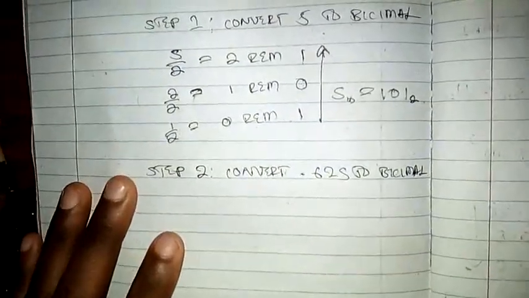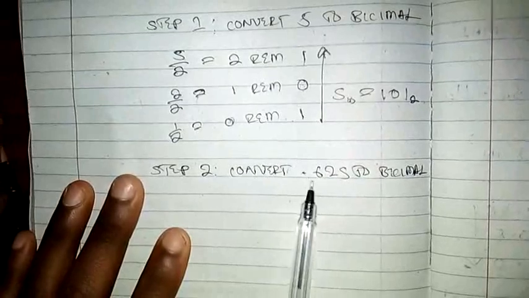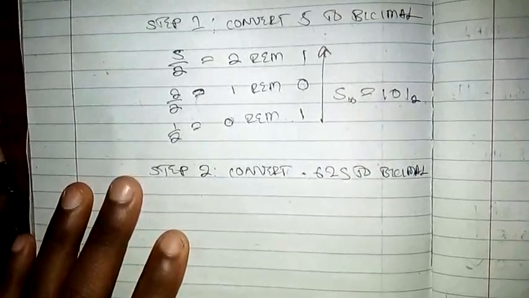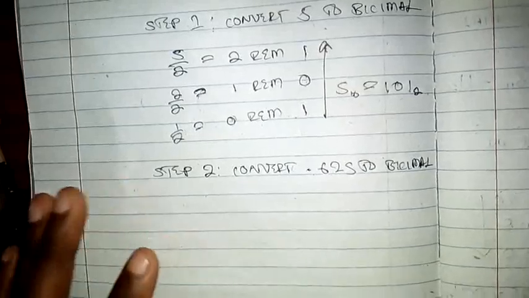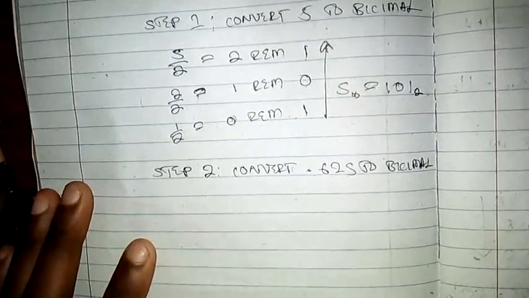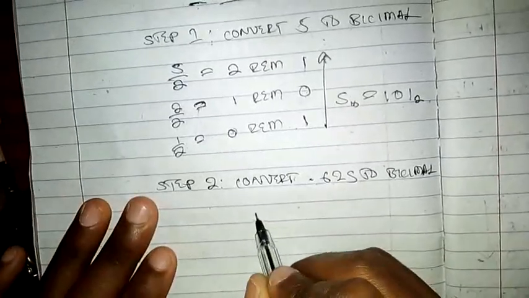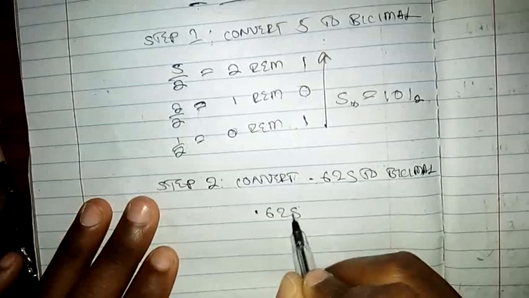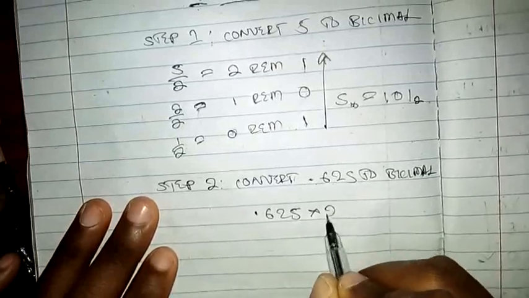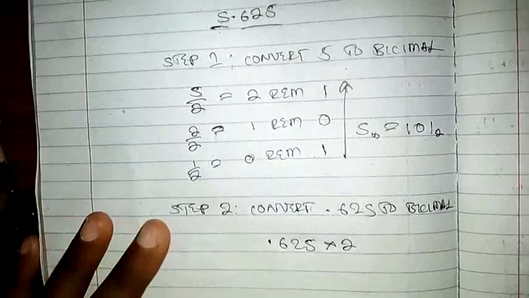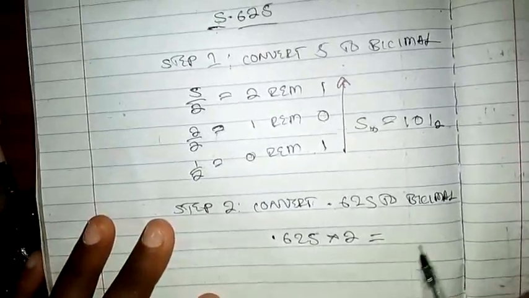But in step 2, we are converting the fractional part, the number after the decimal point, so we have to multiply it by 2. So 0.625 multiplied by 2. We write the product here.